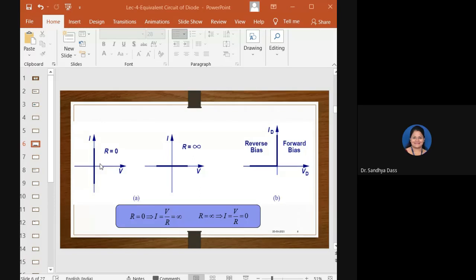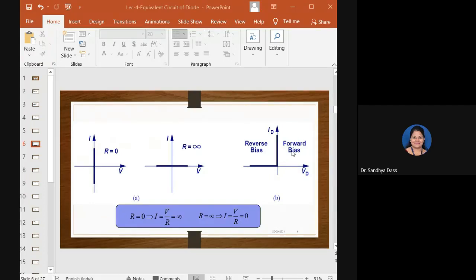You can observe the figure there, A and B as well. 0 forward resistance, 0 forward voltage drop. That means whenever there is maximum current, the drop across the diode would be 0. So ideally, when the applied voltage is more than 0, the voltage drop across the diode would be 0, and the current flowing through it would be maximum, which gives us, in an ideal condition, 0 forward resistance.